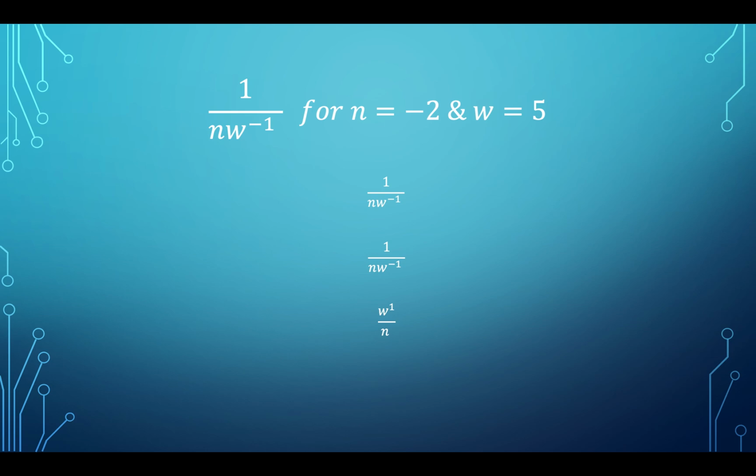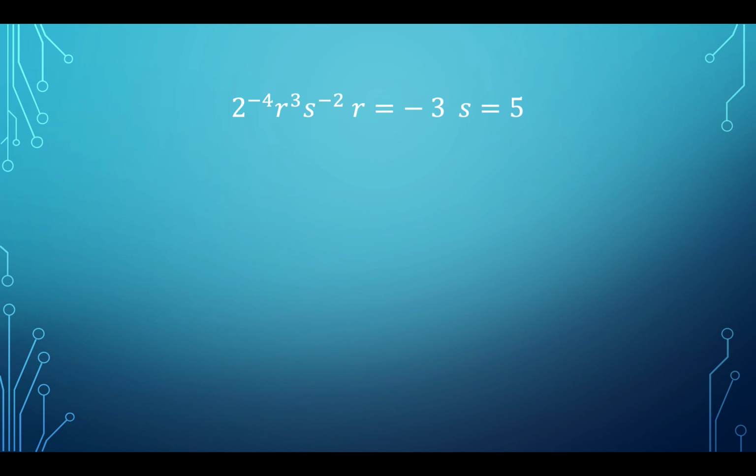Now we're left with w to the first over n. We plug in 5 for w and negative 2 for n. 5 to the first power gives us 5, and negative 2 stays in the denominator. So our final answer is 5 over negative 2.